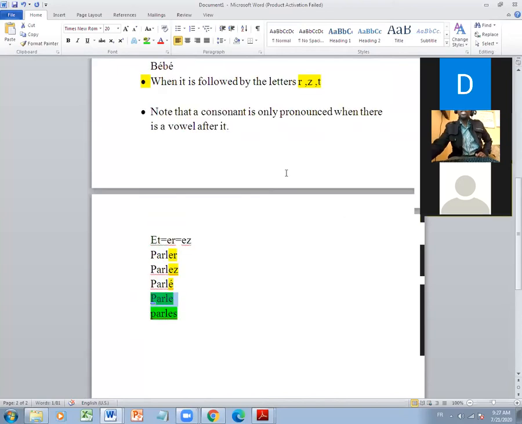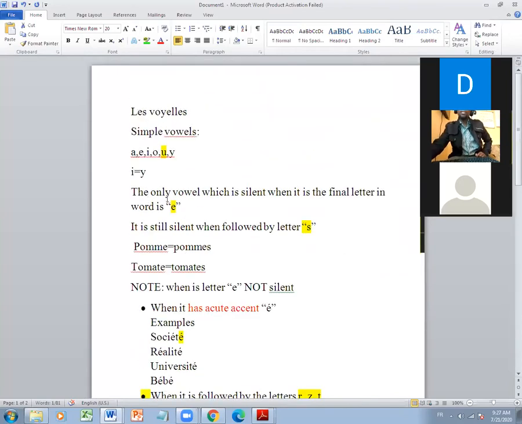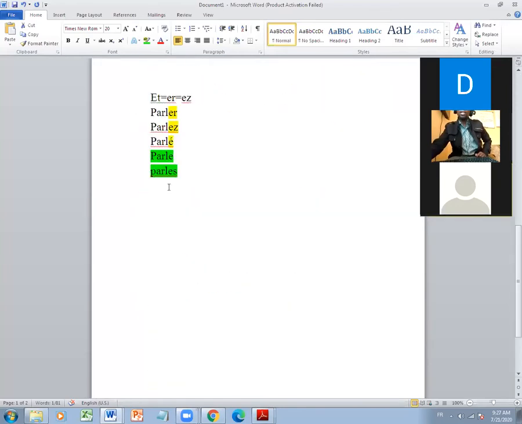I want you to get that point because it's very important. The only vowel which is silent when it's the final letter in a word is letter E. So it is mute, not pronounced. So in that case, how will you read that, now that we are told? Okay, so that one will be read like parl. Yes, parl.